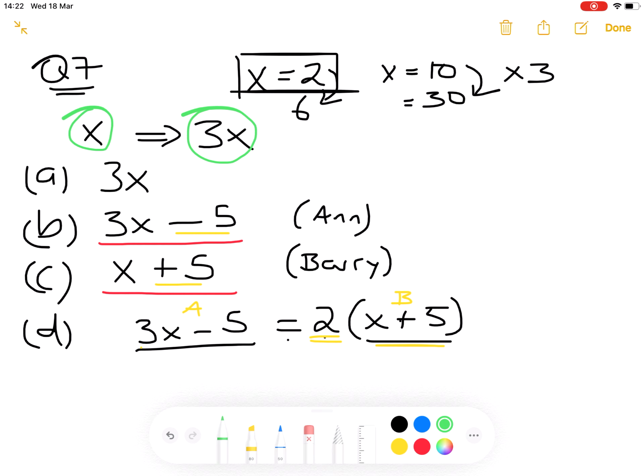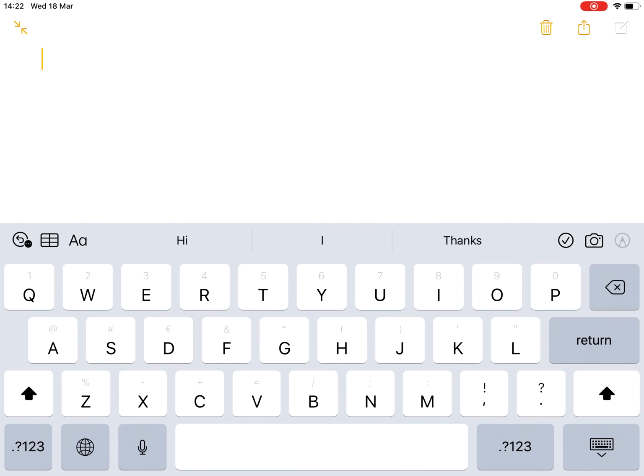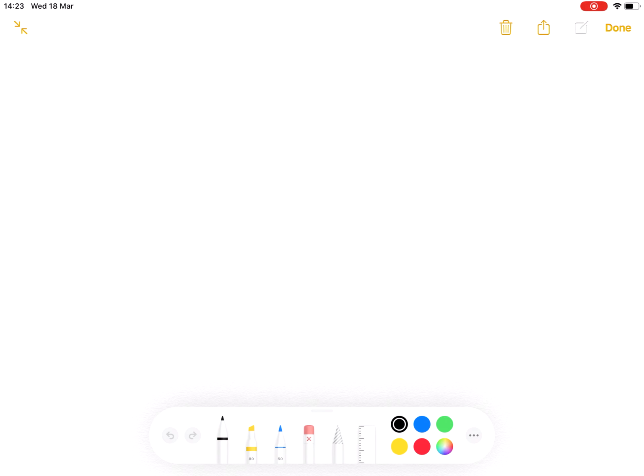So I've got 3X minus 5, and I'm going to start again up here. I've got 3X minus 5 is equal to 2 by X plus 5. Yeah, that's what we are given at the very start. And all I've got to do now is solve for X.